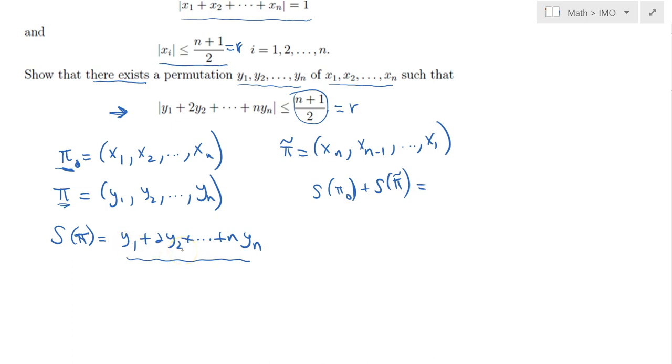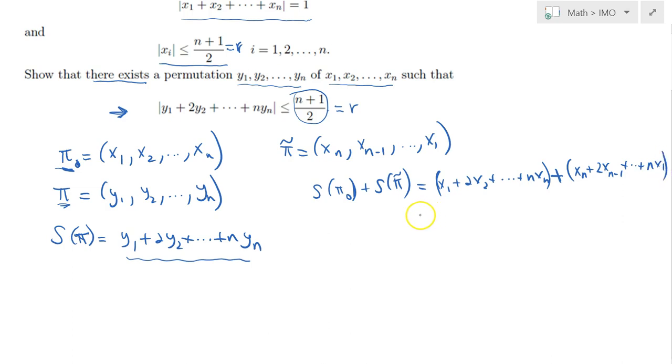All right, so s of pi 0 would simply be equal to x1 plus 2x2 plus all the way to n xn. This one is s of pi 0. S of pi tilde would simply be equal to x sub n plus 2x sub n minus 1 and so on, all the way to n times x sub 1.